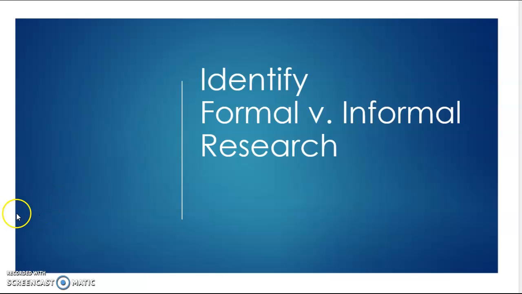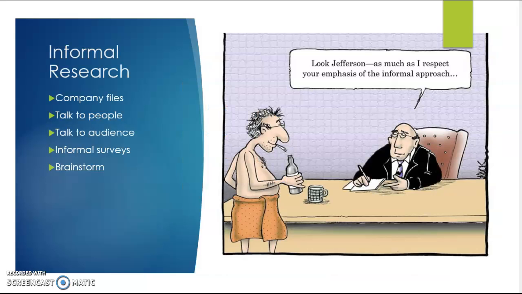The next thing our text looks at is very simple, formal versus informal research. Now, you have been doing research throughout your collegiate and undergraduate work. Okay, informal research. This might be as simple as talking to someone, examining company files that are available to you, taking an informal survey, brainstorming.